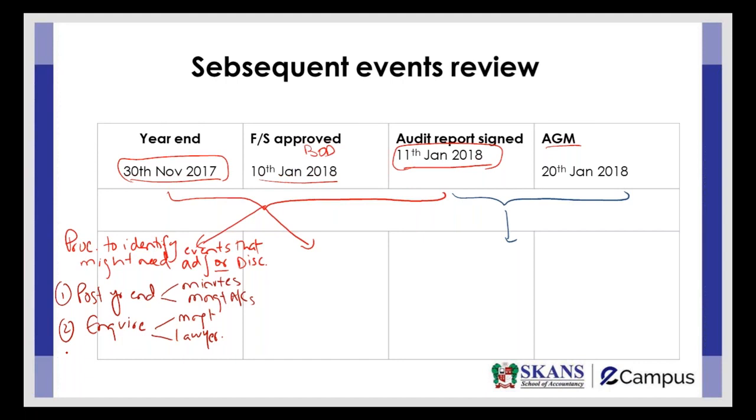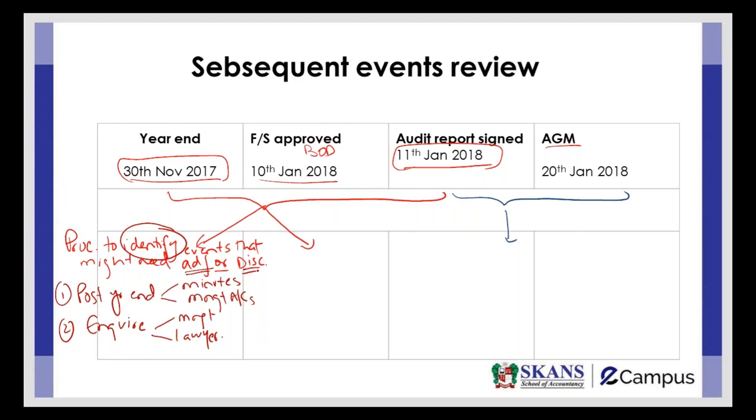So from the year end until I sign the audit report, I can't just sit in my office and wait for someone to tell me that a post-year end event has happened. I can't do that. From the year end until I sign the report, I have to put in effort to identify events which might need an adjustment or disclosure.